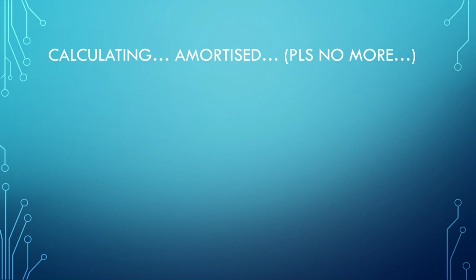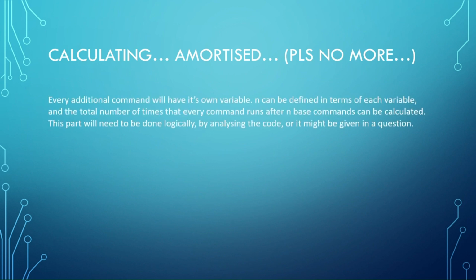Nearly done with calculating amortized complexities. Every additional command has its own set, so sets U and V, for example, and will also have its own variable. In the previous slide, we introduced j and k for the number of sorts and the number of growths.